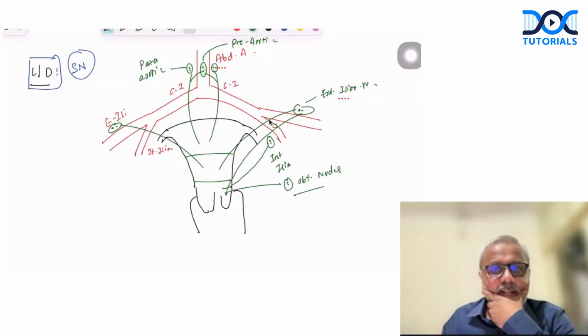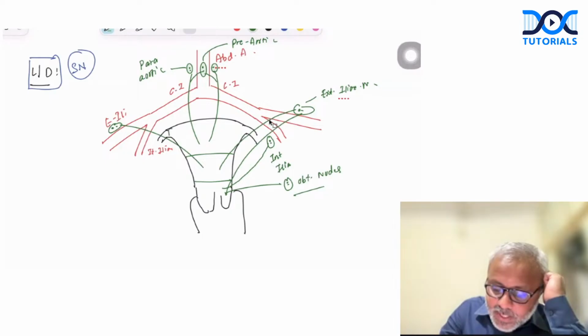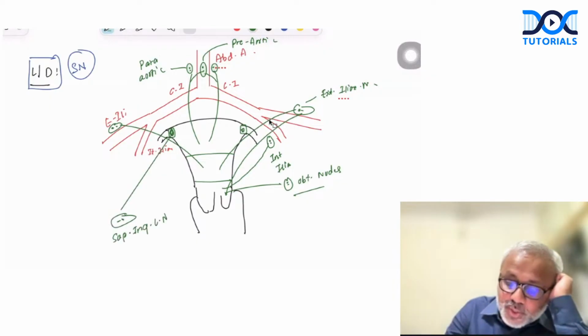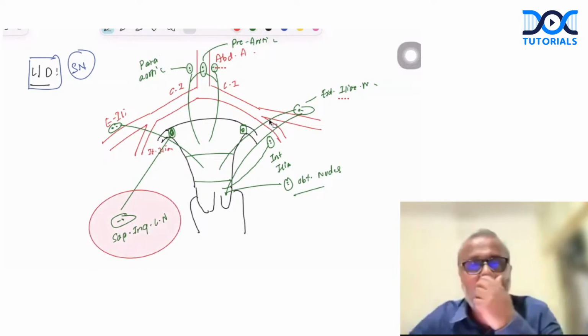Done. Apart from this, where we have this intramural portion of the uterine tube, this is very peculiar. This drains into superficial inguinal lymph nodes. So of all the things that we discussed, this is very peculiar.